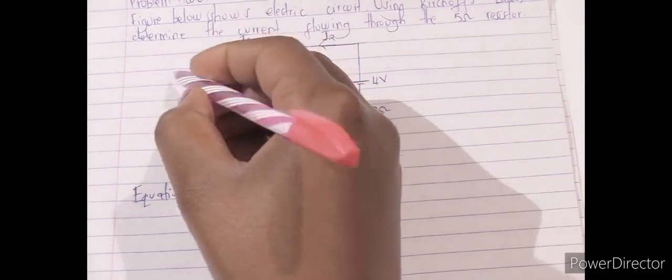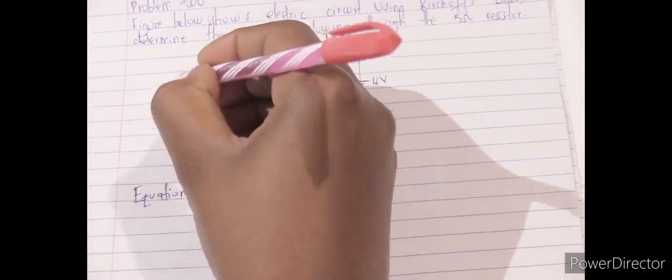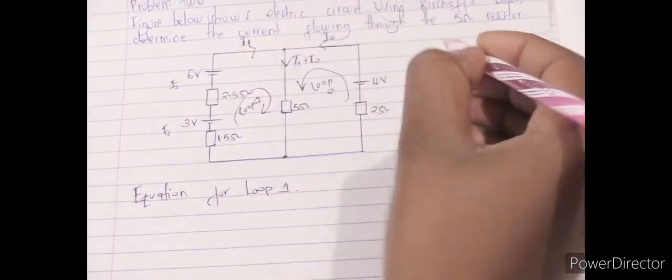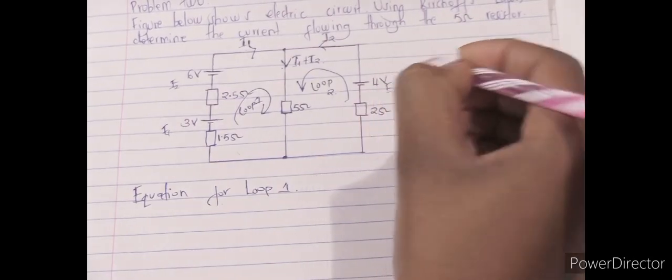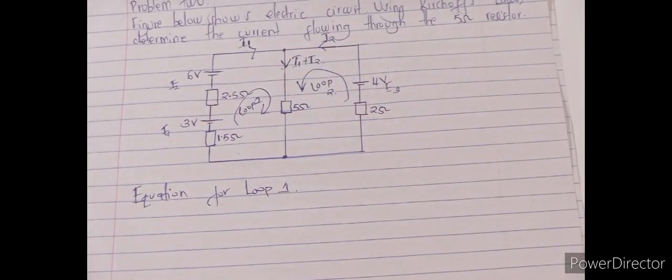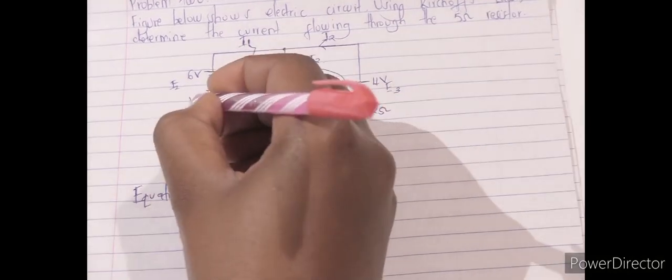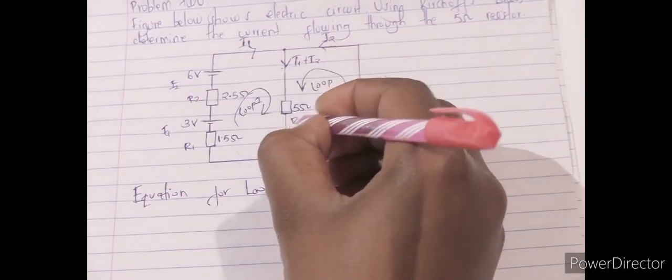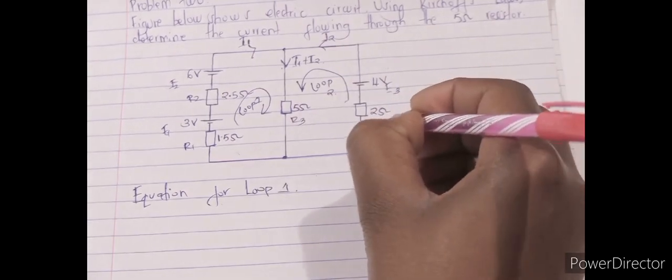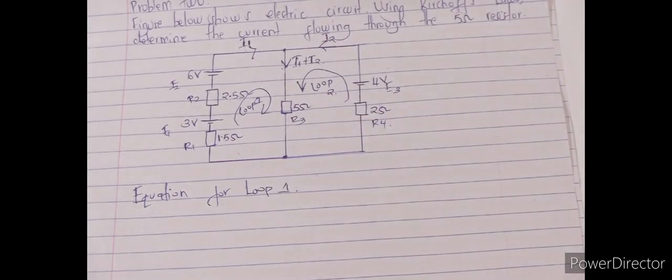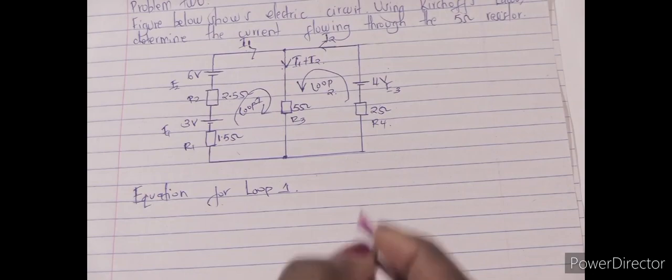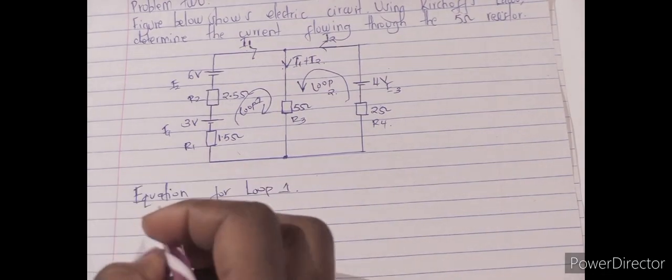So let us name these E1, E2, E3. Let us also name our resistors R1, R2, R3, R4.